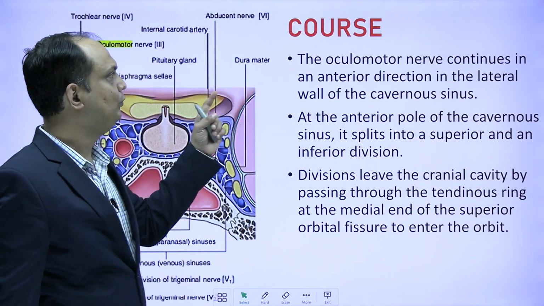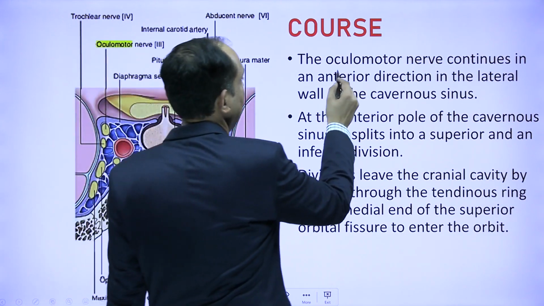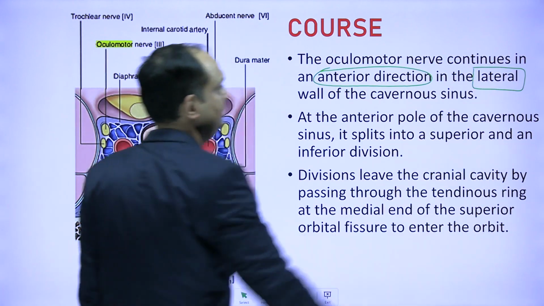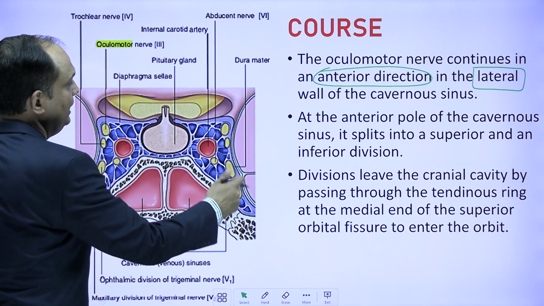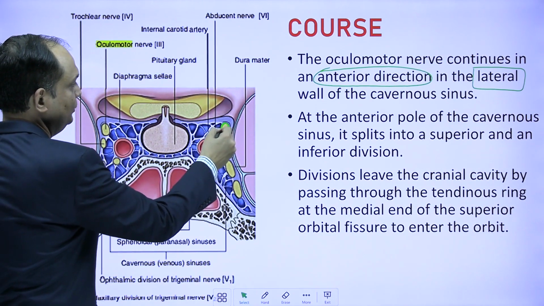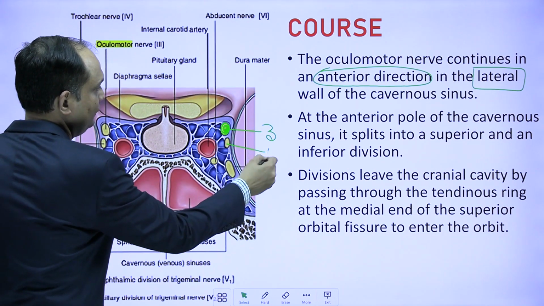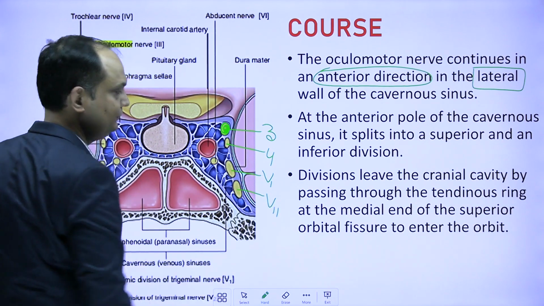Now what is the relation in the cavernous sinus? You know that the oculomotor nerve continues in the anterior direction, and in the cavernous sinus it is related to the lateral wall. So this is the cavernous sinus, this is the lateral wall, and here you can see the oculomotor nerve, and you know the relation: the third nerve, then the fourth nerve, then the first division of the fifth nerve and the second division of the fifth nerve.